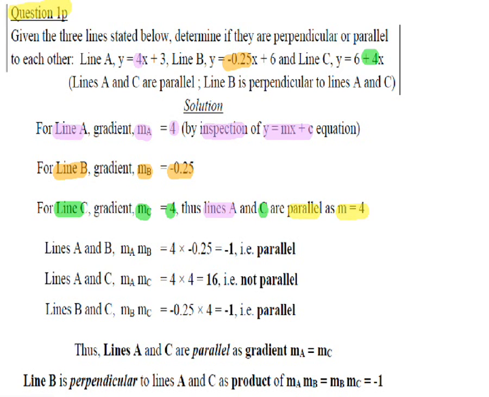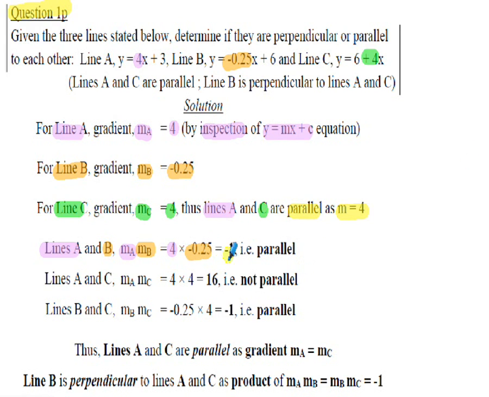To find out if the lines are perpendicular, we need to multiply the various gradients together. So consider lines A and B. That's MA multiplied by MB. So in this case that's 4 multiplied by negative 0.25.